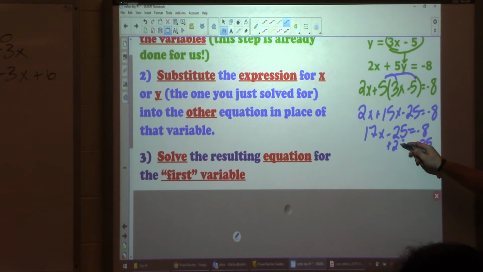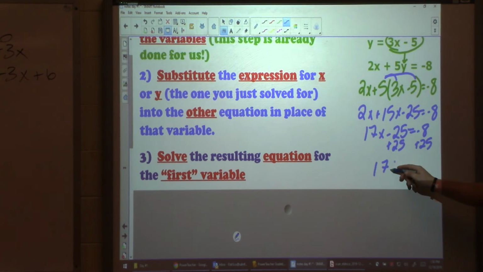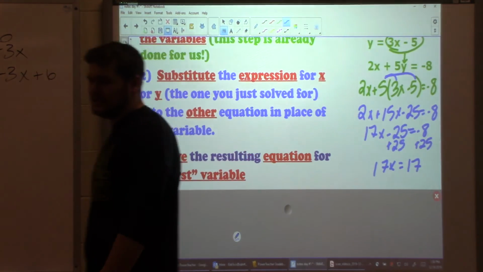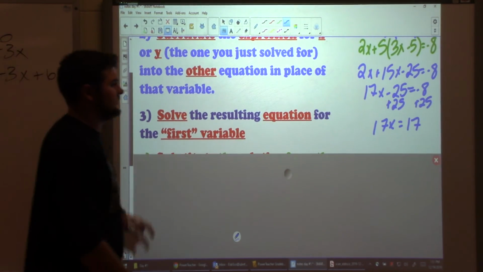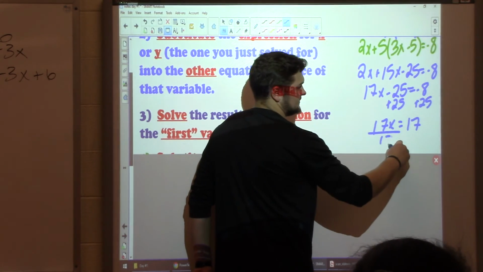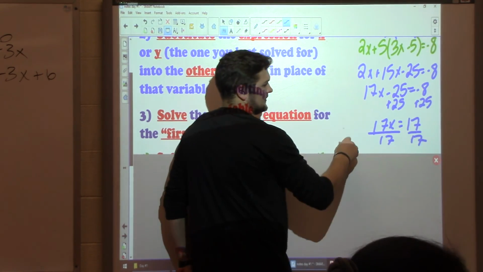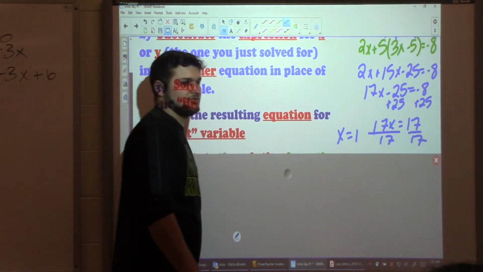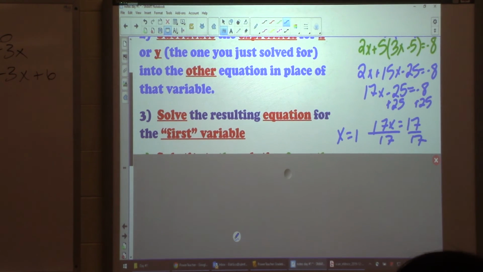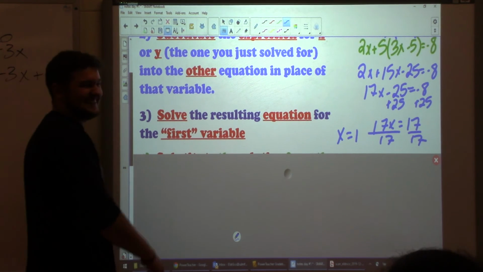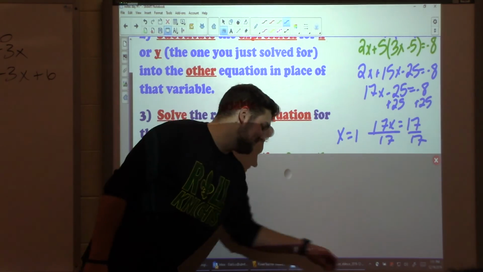Add 25: 17x equals 17. Then to solve for x, all you have to do is divide by 17. X equals 1.